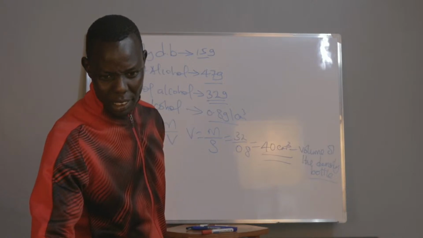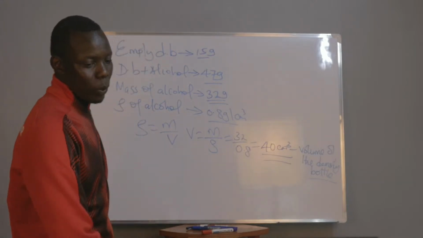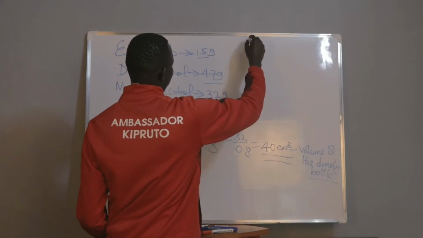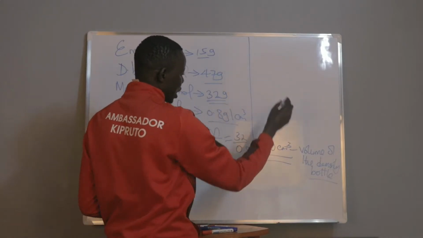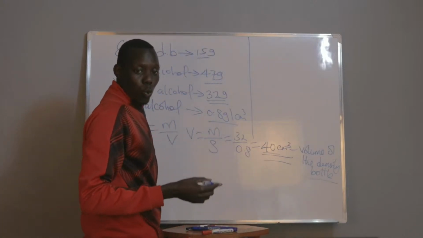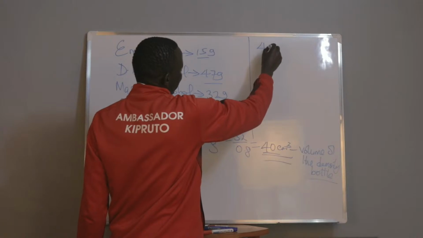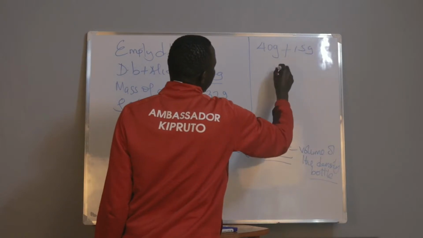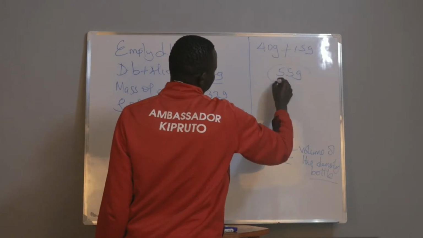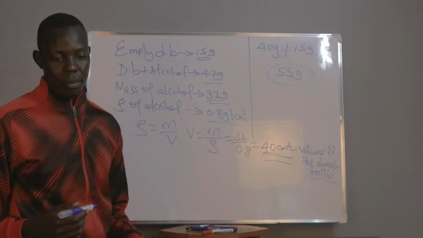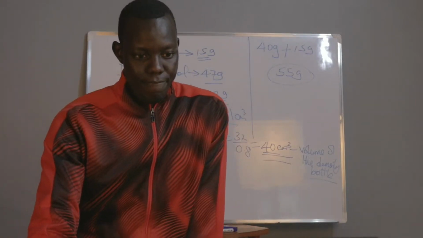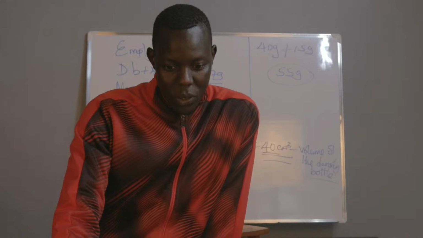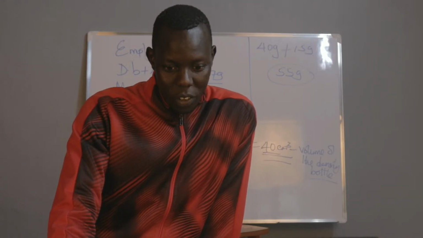Now, if the volume of this bottle is 40 centimeters cubed, when you fill it with water, the mass of water will be 40 grams. Plus the density bottle, which is 15 grams, it gives us 55 grams. Nice. Thank you, Nasra, for giving me that correct answer.